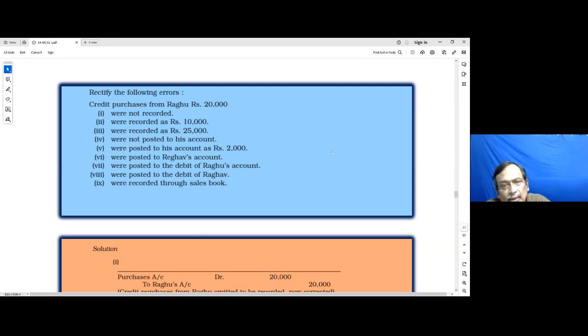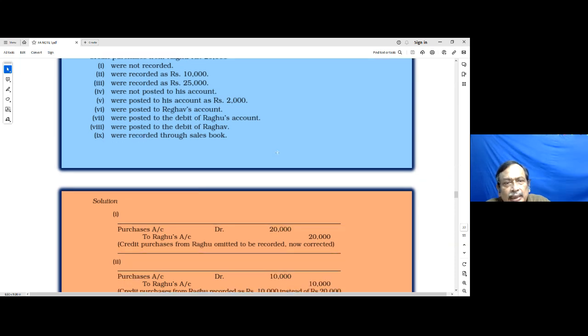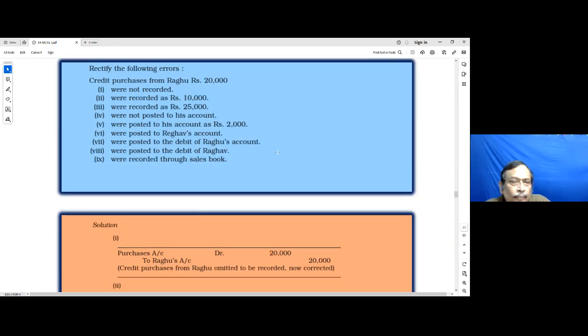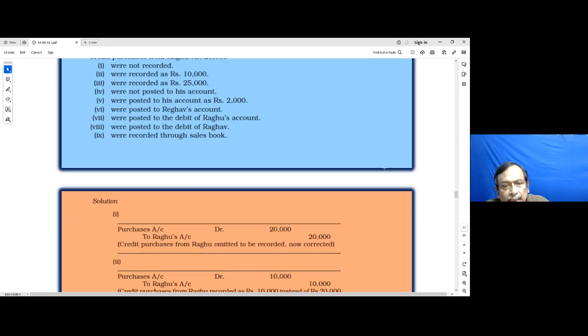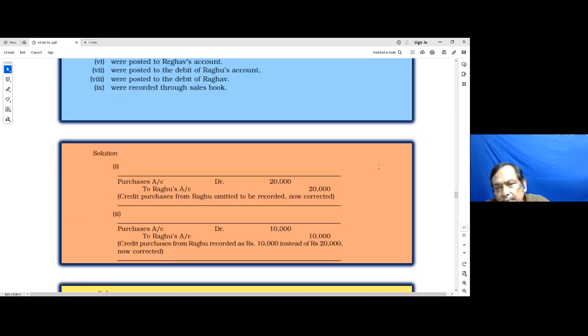The errors which are committed, how you are going to rectify, taking into account 1, 2, 3, 4, all are independent items. Then credit purchases from Raghu rupees 20,000 were not recorded. That means complete omission of the entry. That is, purchase account will be debited by 20,000 and to Raghu's account 20,000.